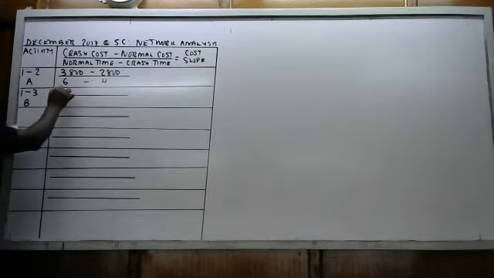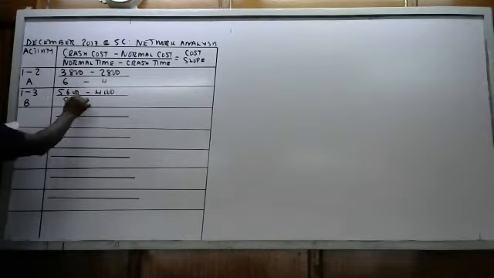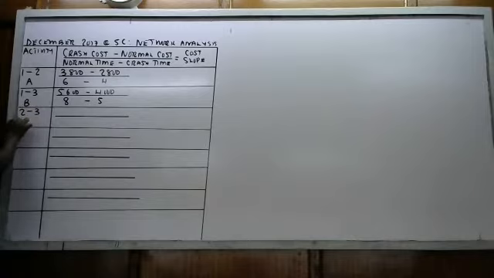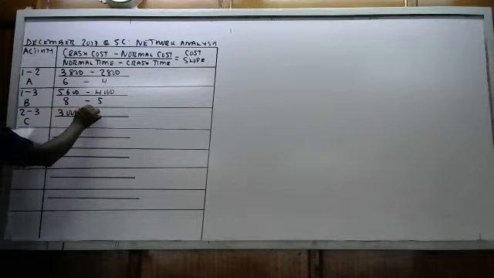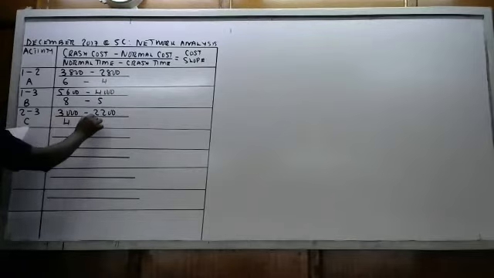The normal time is 6 minus 4. Then I come to 1 to 3, which is B. The cost is 5,600 minus 4,000, and we have 8 and 5. Then 2 to 3, C. It is 3,000 and 2,200. We have 4 and 2.